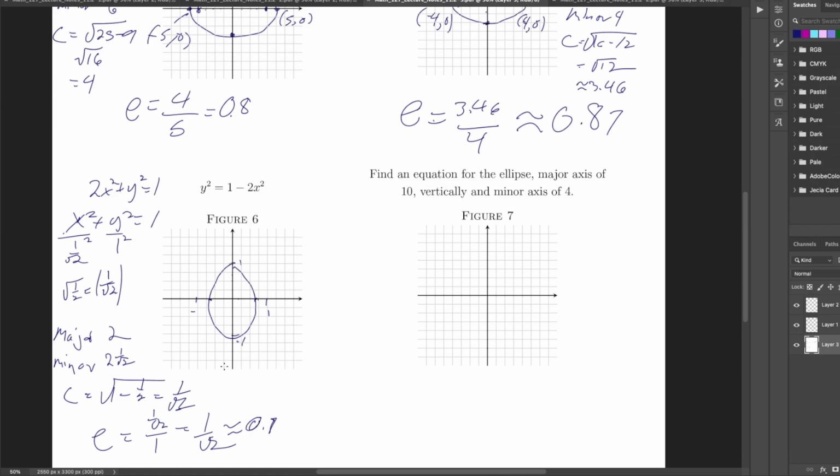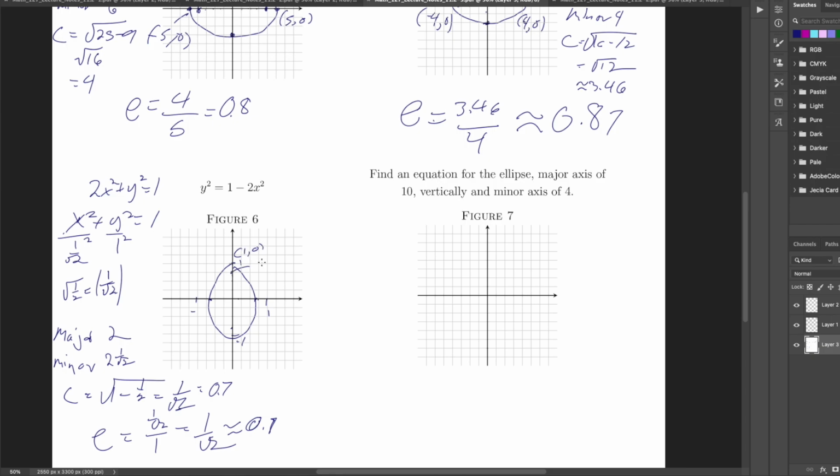So that's our eccentricity. Here we have our foci, which will occur at about 0.7 here, 0.7 here. So here's our foci. And so here we have our axis at 1 and 0.